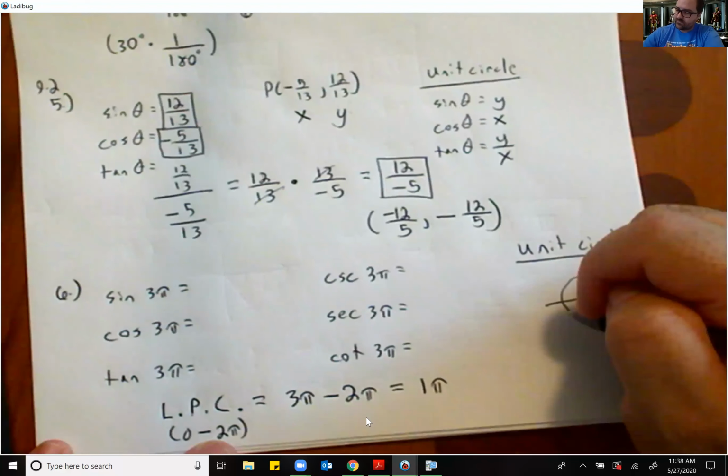Okay? So here we go. When you look at this, before you do anything, if there is a period change and a phase shift, you have to make sure the function looks like this: your trig function goes in front, whatever it is, like sine, cosine, tangent, cotangent, and so on.